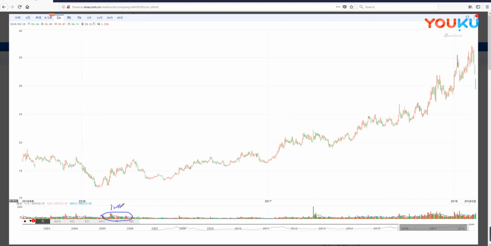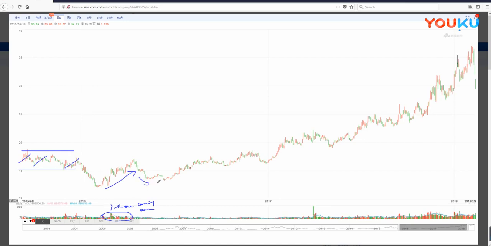So institutions are coming back into this position. And that produces the rally that is much better than any rallies that we see in this previous consolidation.